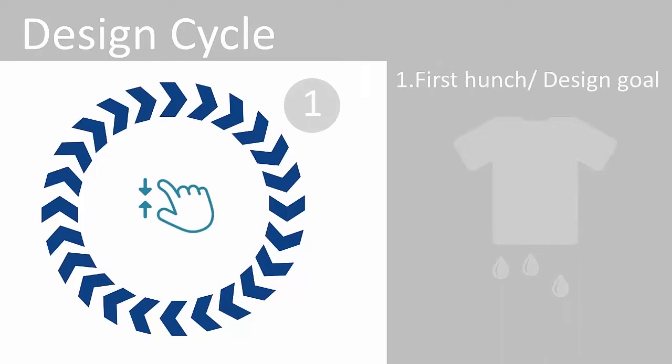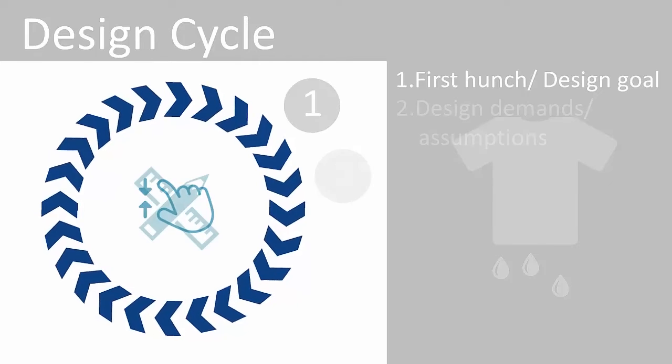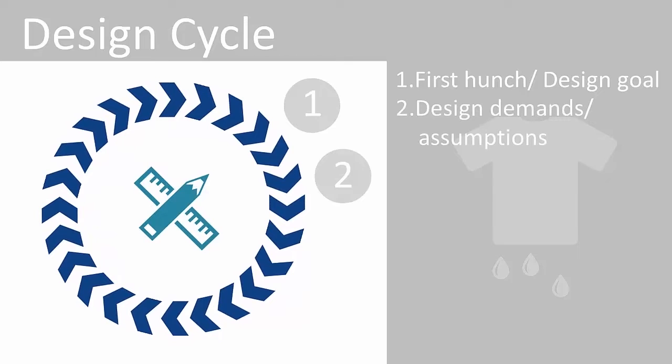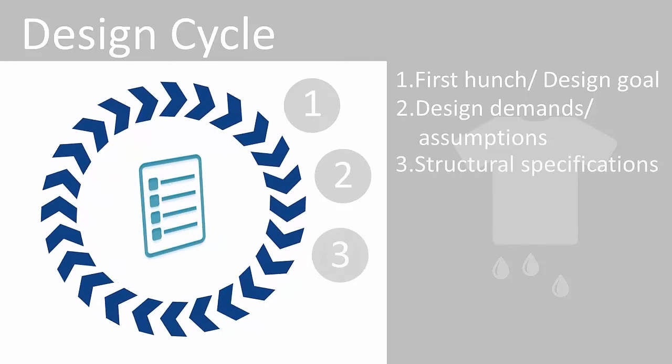And back to the example, how to clip wet laundry to a line to dry. It starts with the first hunch, the design goal. That leads to design demands and assumptions that eventually take shape in structural specifications.